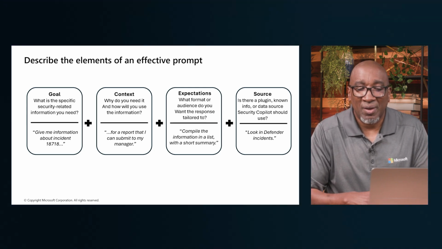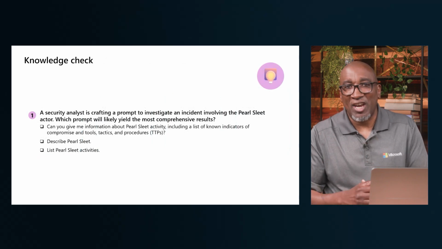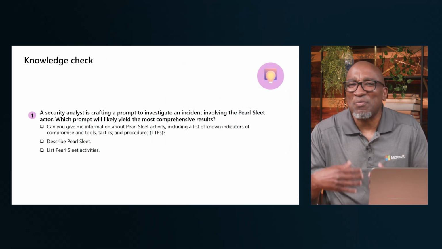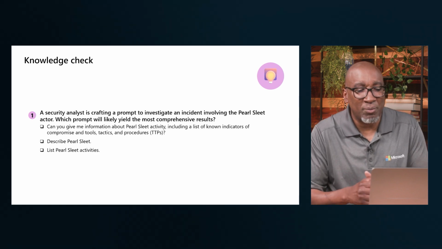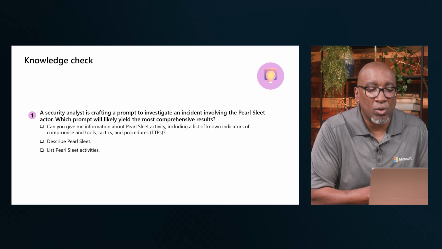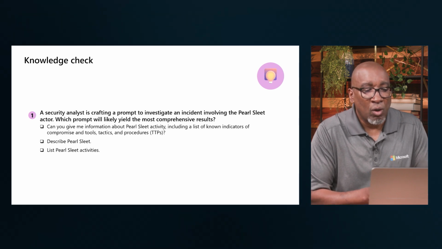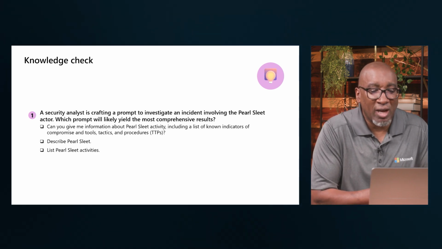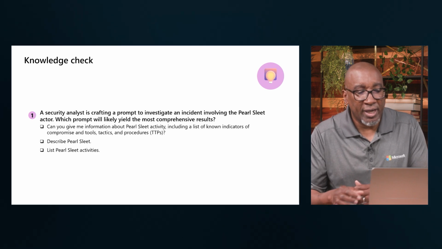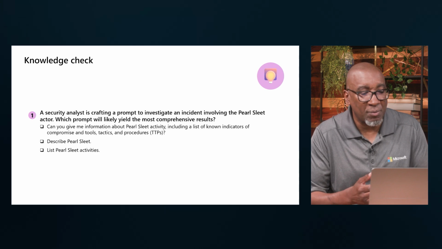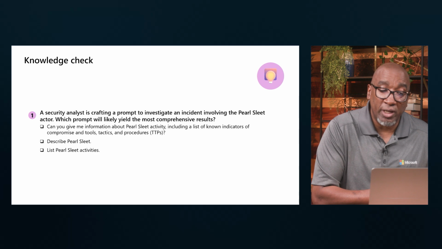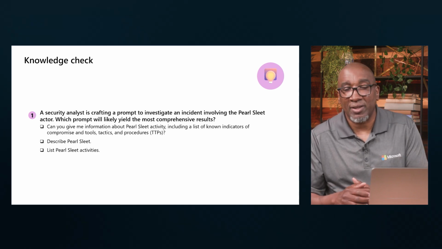All right? So let's do a quick knowledge check to see where we are. Make sure you're following along with this. A security analyst is crafting a prompt to investigate an incident involving the Pearl Sleet actor. Which prompt will likely yield the most comprehensive results? Can you give me information about Pearl Sleet activity, including a list of known indicators of compromise and tools, tactics, and procedures? Or, describe Pearl Sleet, list Pearl Sleet activities.